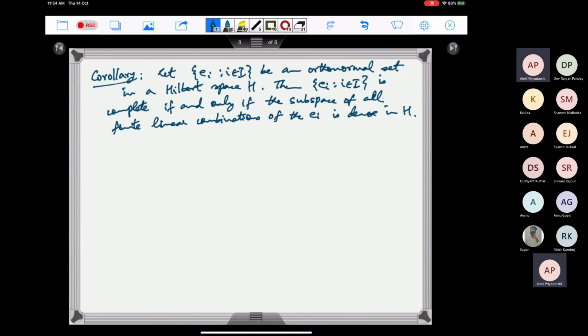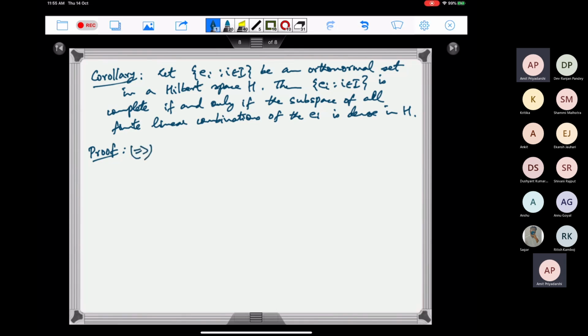So this completeness is equivalent to saying that if we look at the subspace of all finite linear combinations, that is a dense subspace of H. So we have to prove if and only if.